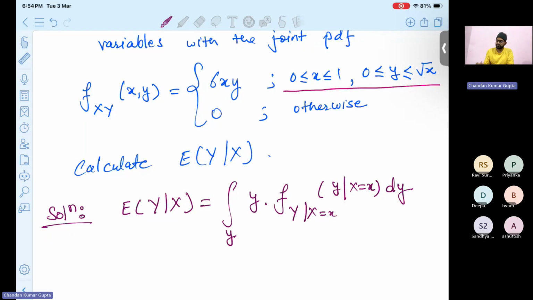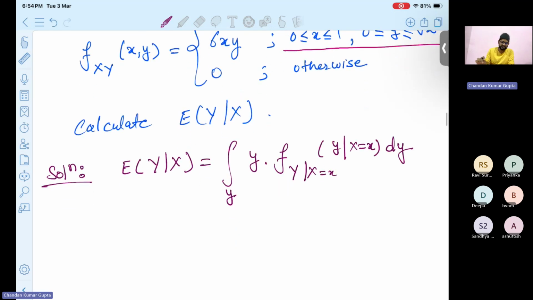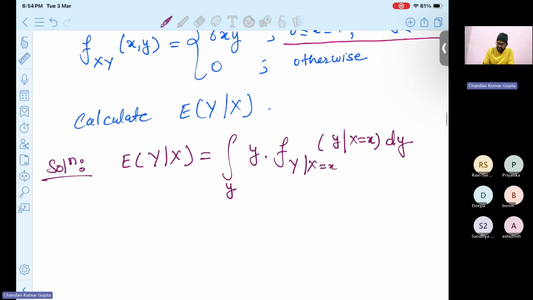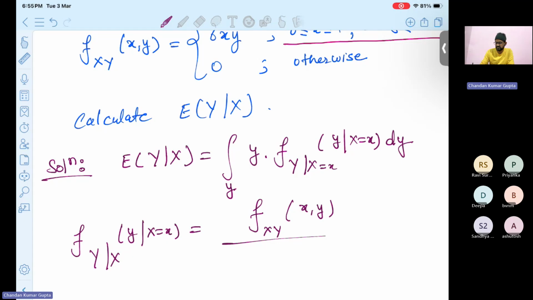So let's start. Now we need the conditional distribution as well. So f of y given x is, again, the same formula: the joint f x y divided by the marginal of x.